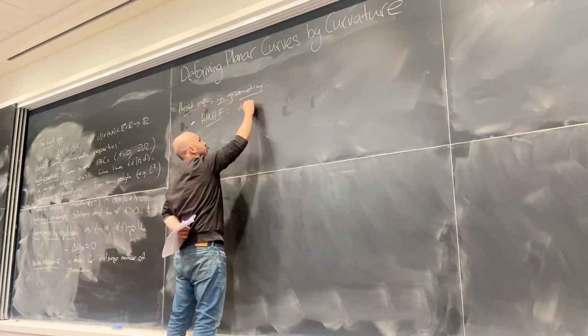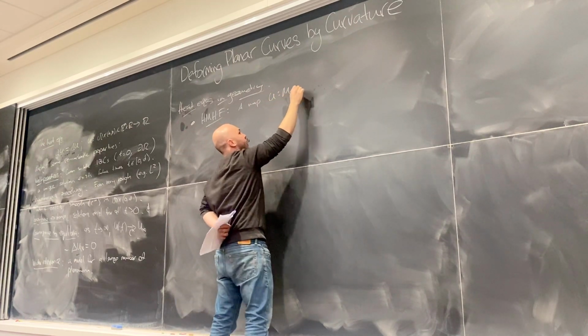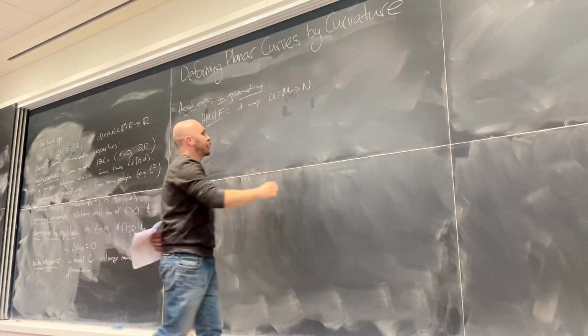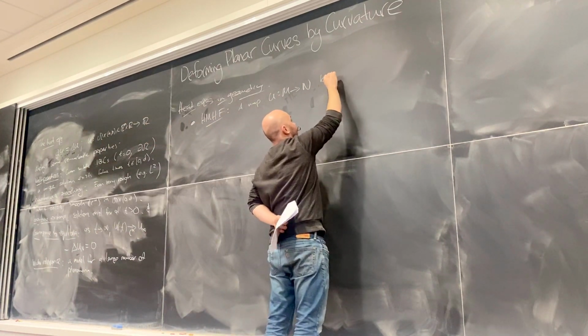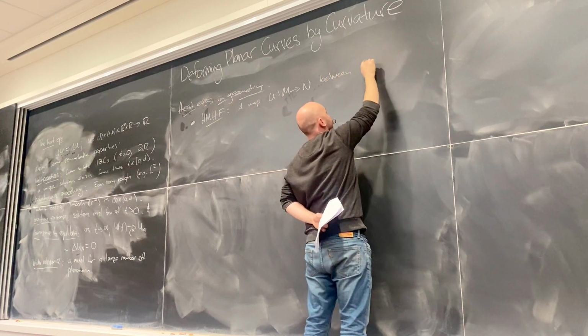So a map u from one space to another, where these spaces are spaces in the Riemannian sense. So Riemannian manifolds, doesn't matter if you don't know what that means.